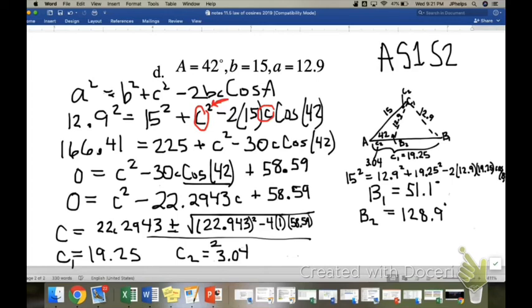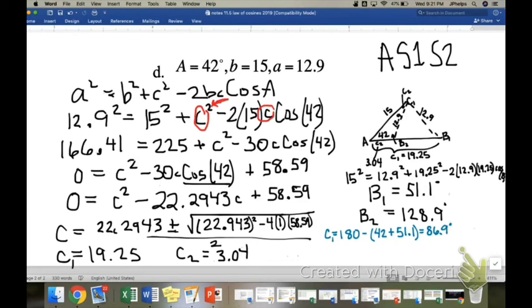Because we know angle A for both triangles is 42 degrees, and we have the angle B for each triangle, we can take angle A and B1, subtract that from 180 to find angle C1, and then do the same thing with the second triangle. So take A and angle B2, subtract from 180 to find angle C2.